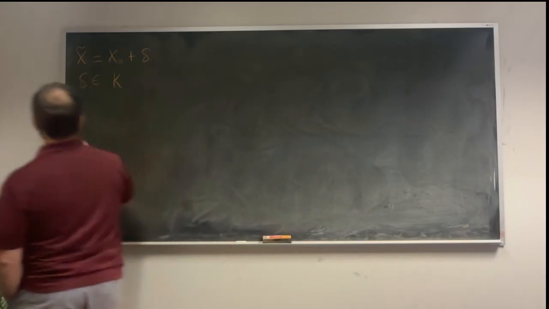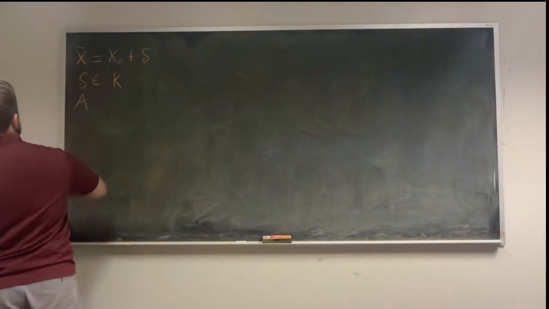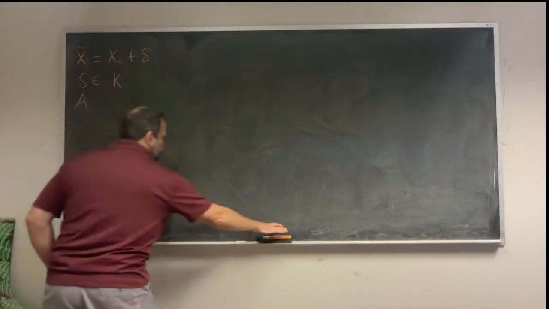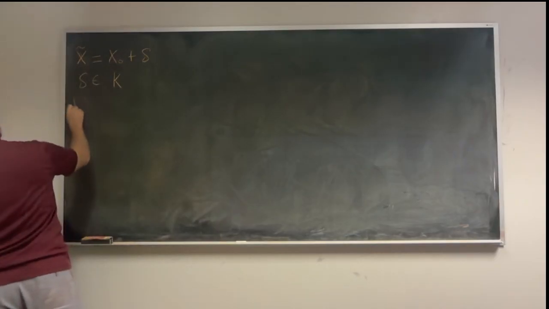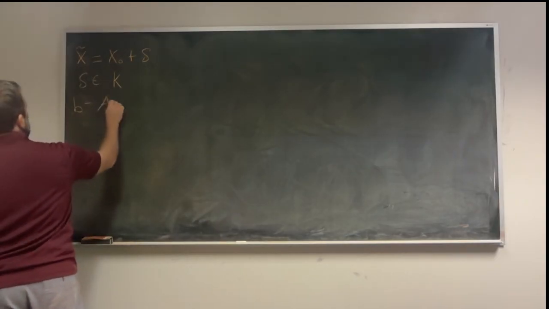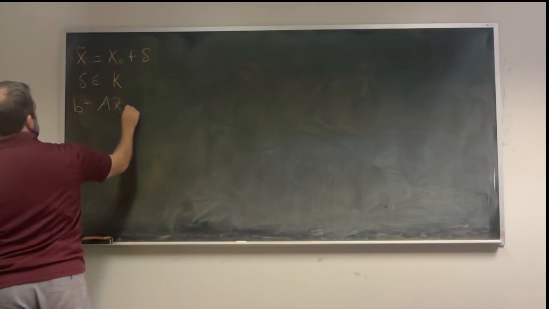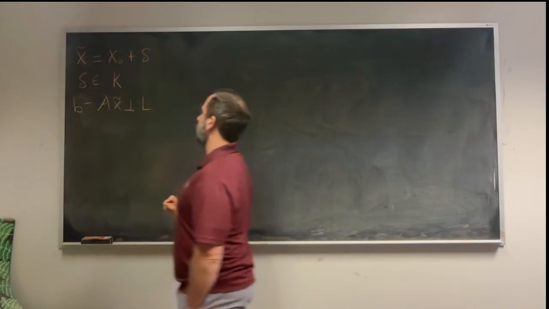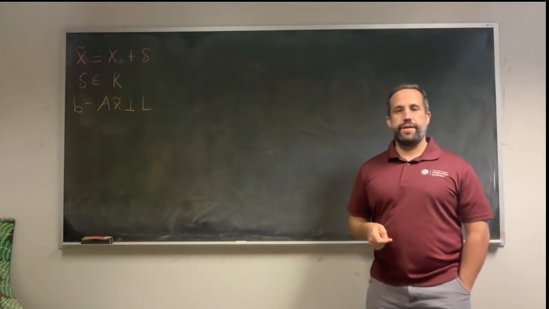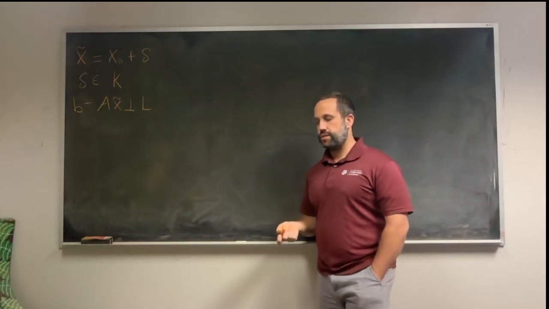So these conditions come in the form of orthogonality. Let me write it differently. We want b minus A x tilde to be orthogonal to some subspace L that has the same dimension as K. This gives us m equations.